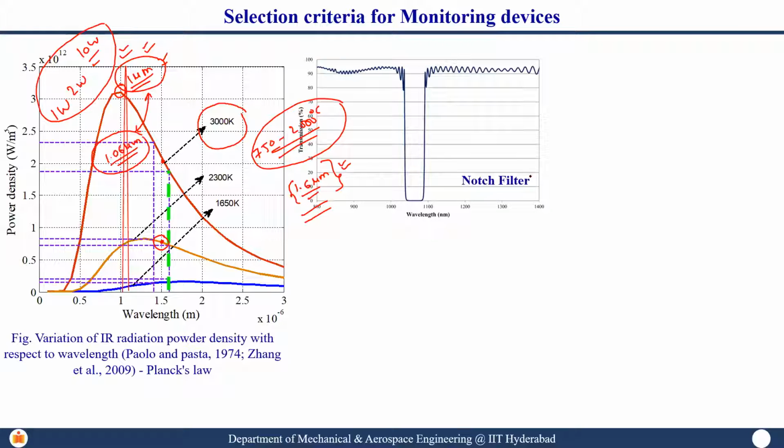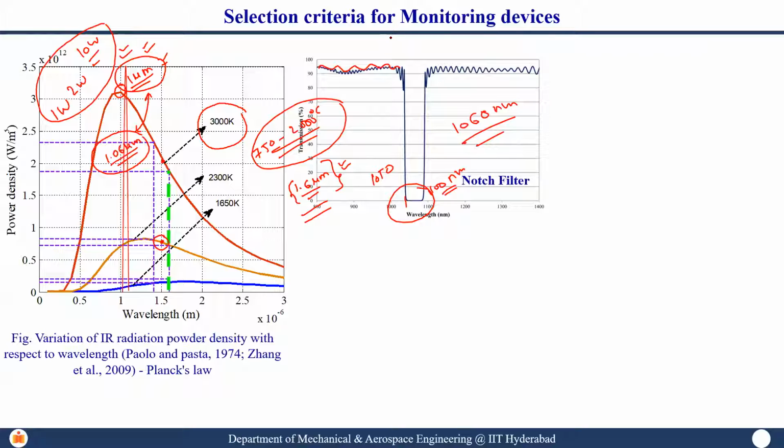Now if you see this notch filter, it will allow all the radiation except, roughly, 1050 to 1100 nanometer, which essentially means our 1060 nanometer is completely blocked. So these are what we call filters. And whenever you are using lasers and some sort of detectors, you are always supposed to use filters.